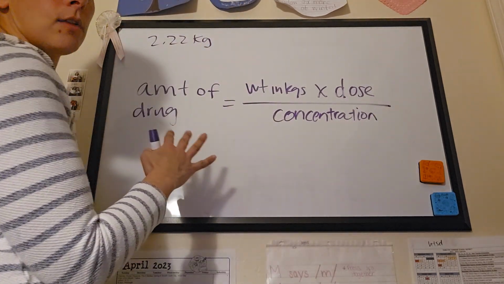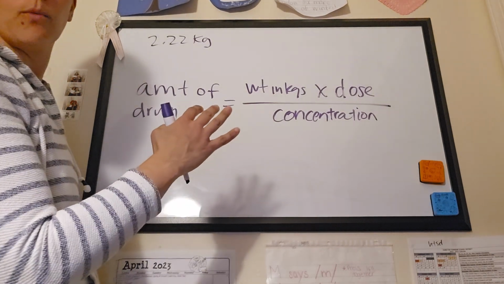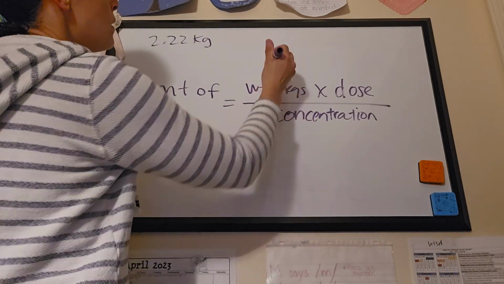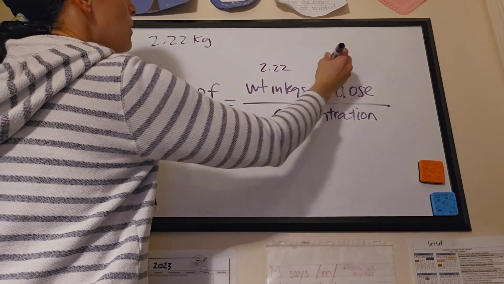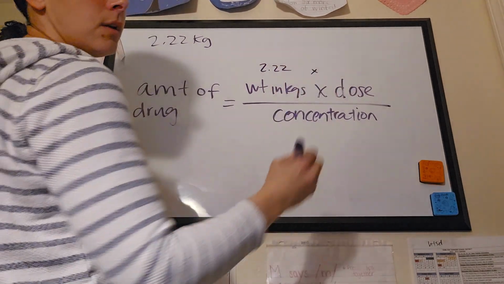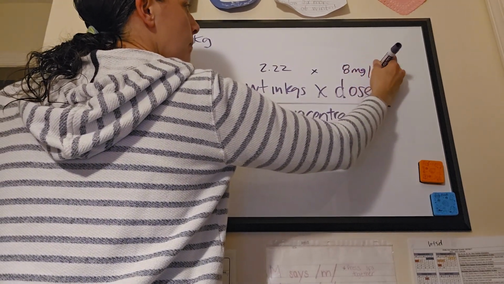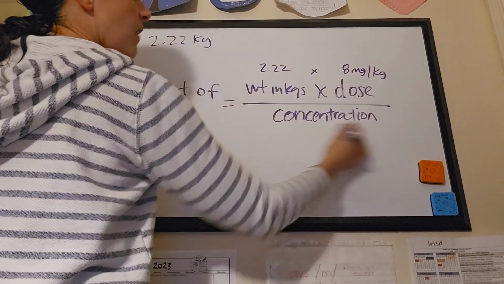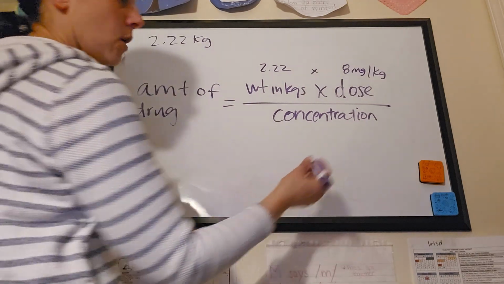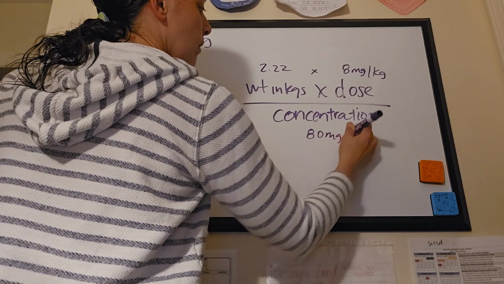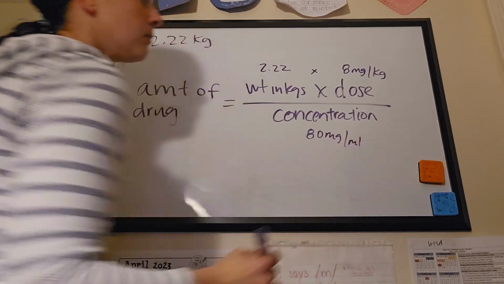So let's take Convenia, for example, which is the first problem we'll do. We will take her weight in kilograms, which is 2.22, times the dose. In the case of Convenia, it's 8 milligrams per kilogram. And then I'm going to divide by the concentration of the drug, which is 80 milligrams per ml.